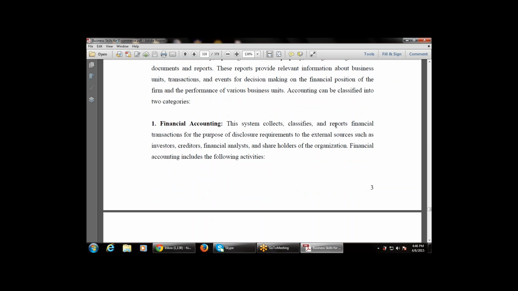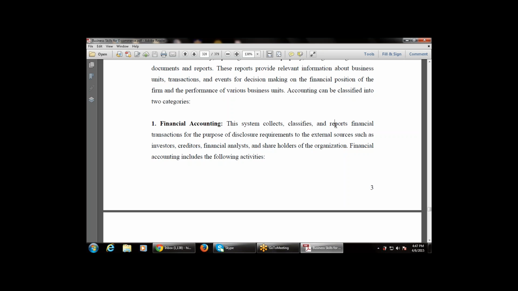That is, first collect the information, classify means analyze the information, and report the financial transactions, providing the financial report to external sources. Financial accounting includes the following activities.